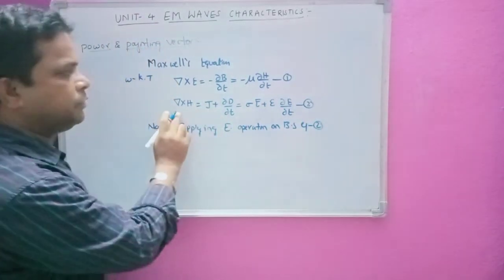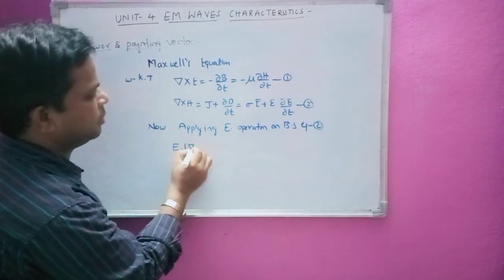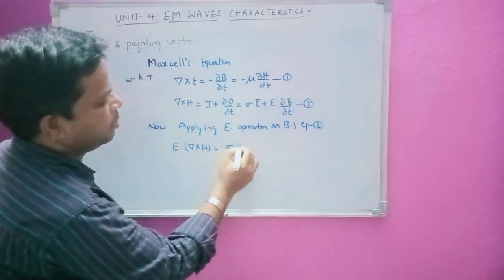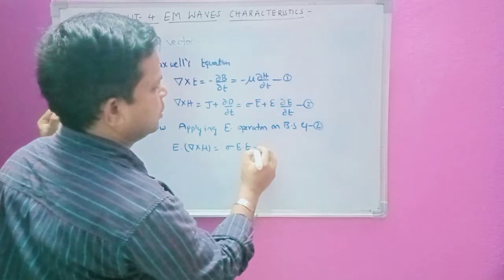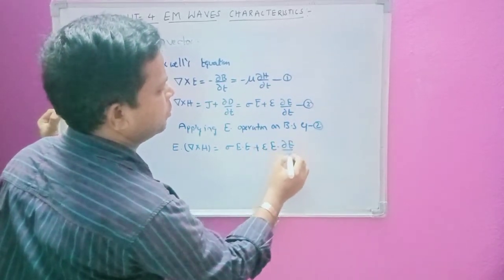What happens? E dot del cross H is equal to sigma E dot E plus epsilon E dot dou E by dou T.